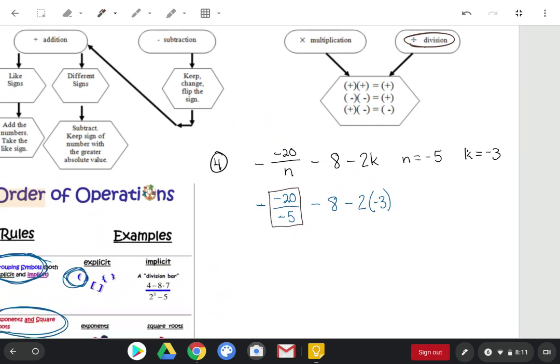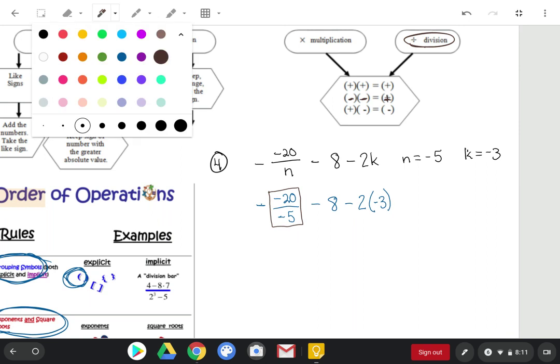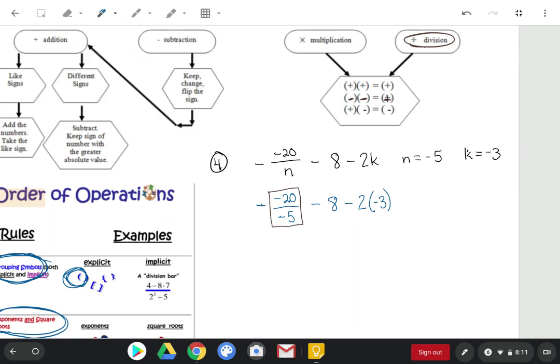It says a negative divided by a negative gives us a positive. So therefore, negative 20 divided by negative 5 gives us a positive 4. So guys, notice there is a little negative sign in front of the box. Don't forget to write that negative sign down.